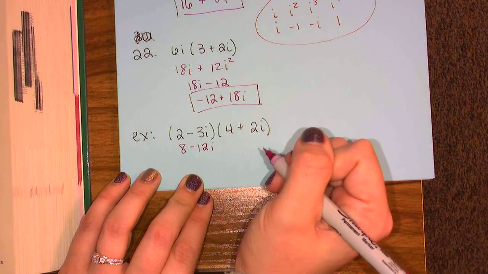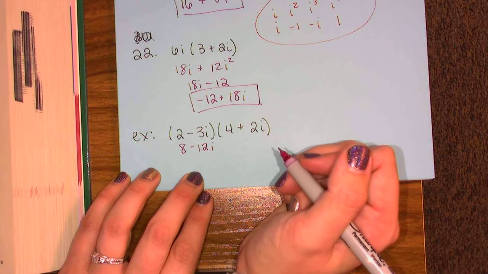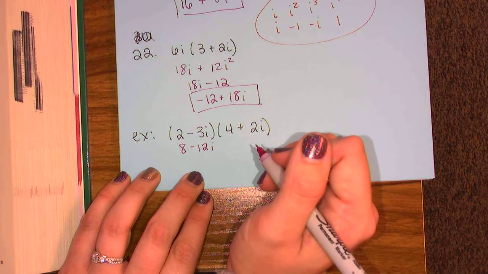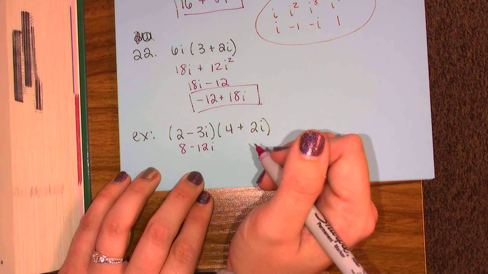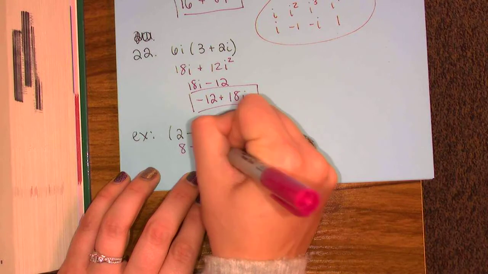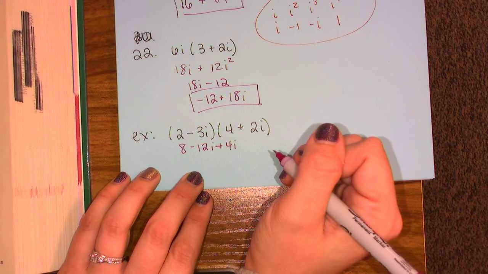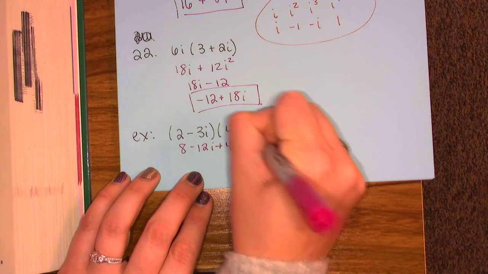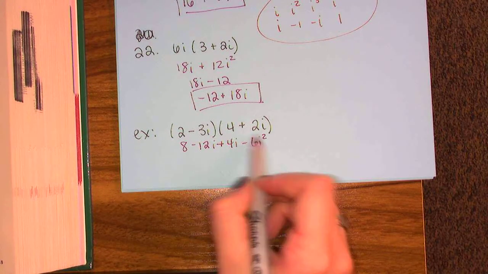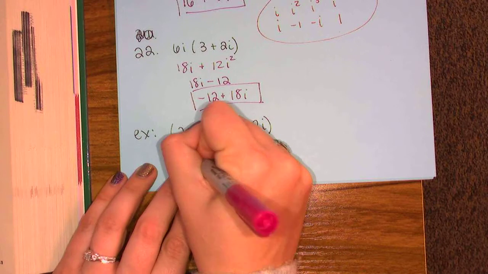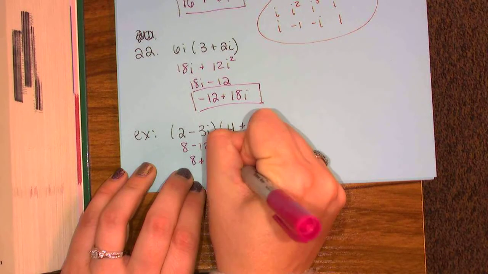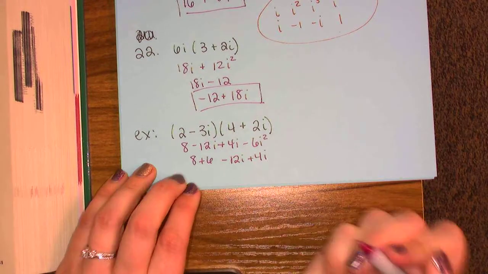It doesn't matter what order as long as you have all the terms. So this is going to become positive. So 8 plus 6 minus 12i plus 4i. So then simplify this, what do I get?